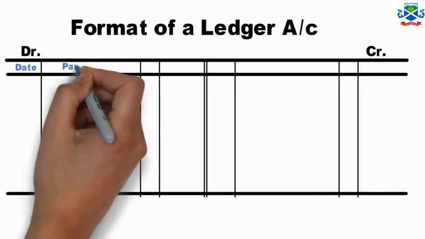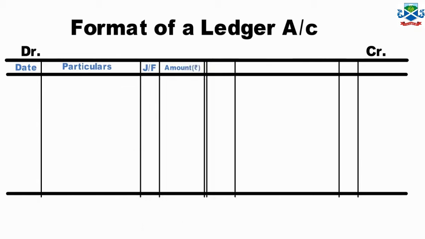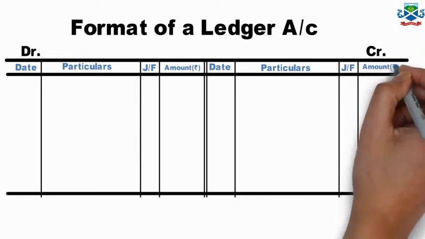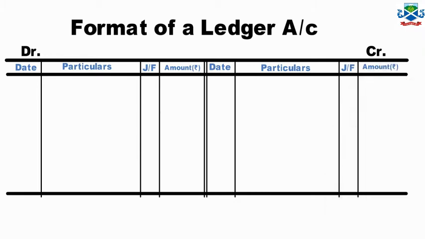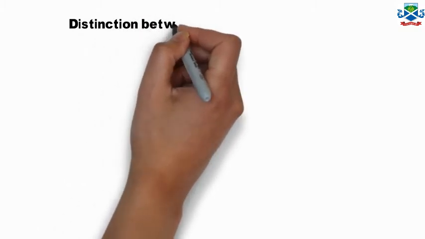The first one is date, then particular, then journal folio, then amount rupees. Again the same things are repeated: date, particular, journal folio and amount rupees. So that's how the debit side and credit side both have equal columns.